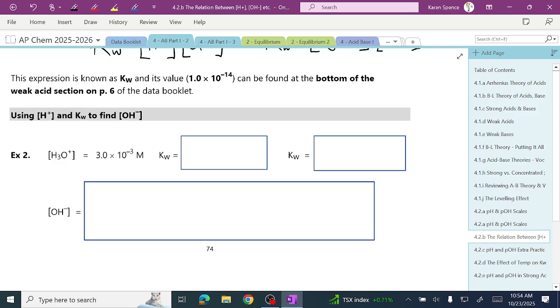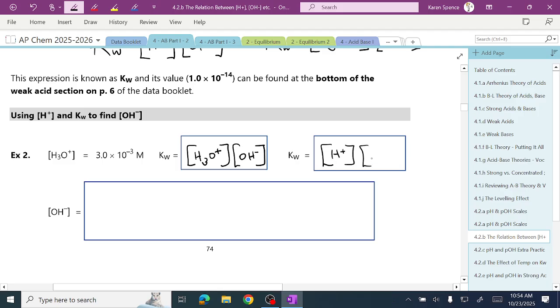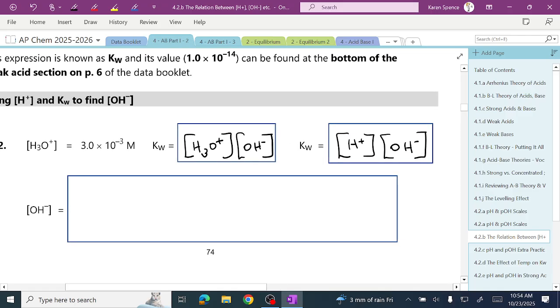So, using H and KW to find OH. We know that KW is equal to H3O plus times OH minus. It is also equal to H plus times OH minus. So how would we calculate the concentration of hydroxide if we are given the hydronium? KW divided by the concentration of hydronium.